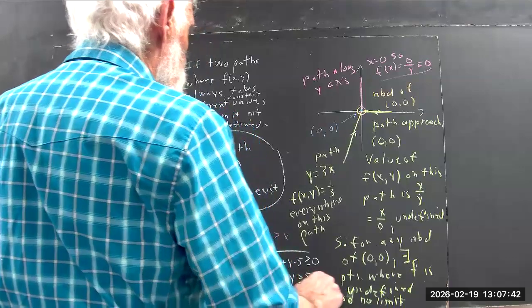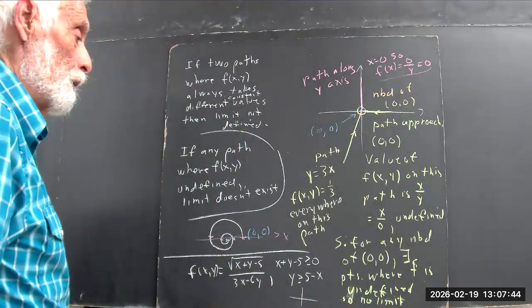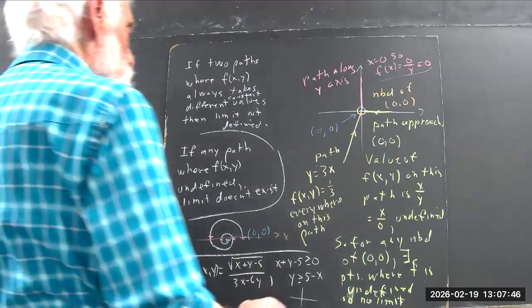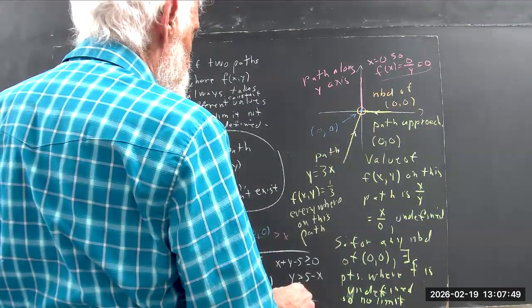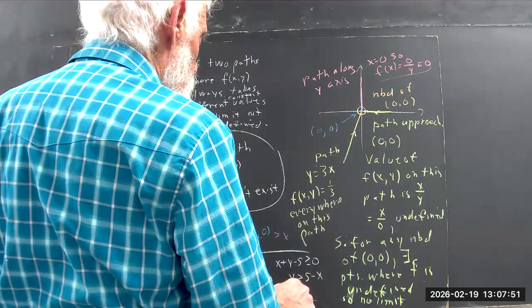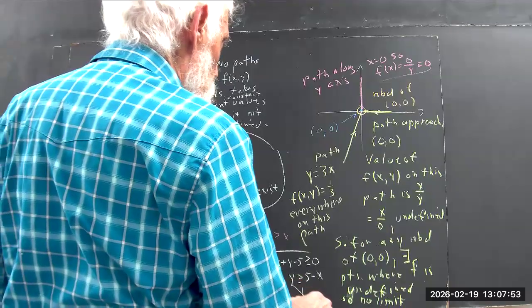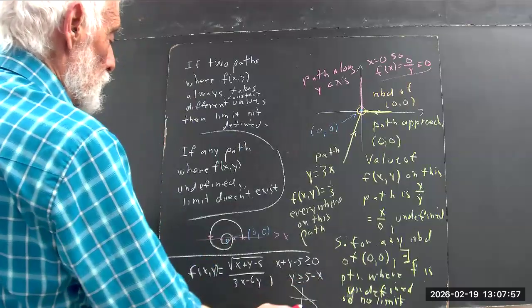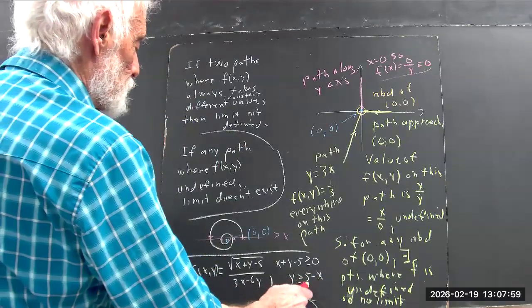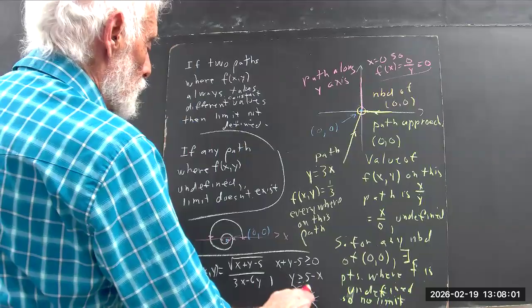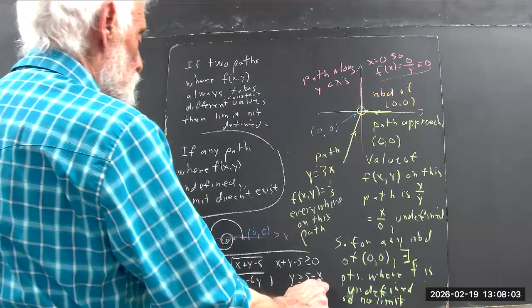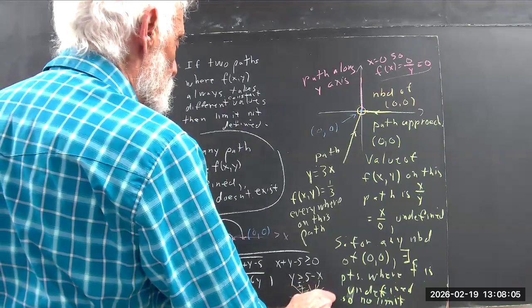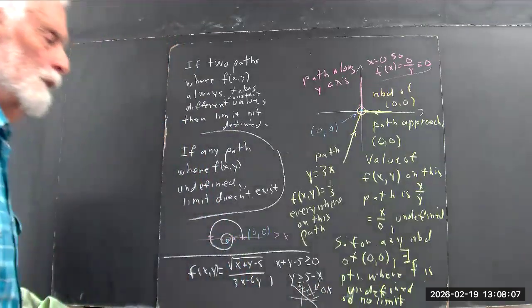Well, your graph of y equals 5 minus x is just a straight line through 0, 5 with a slope of negative 1. And y has to be greater than 5 minus x. Here's where y equals 5 minus x. So above the line y equals 5 minus x is okay. Does that make sense?